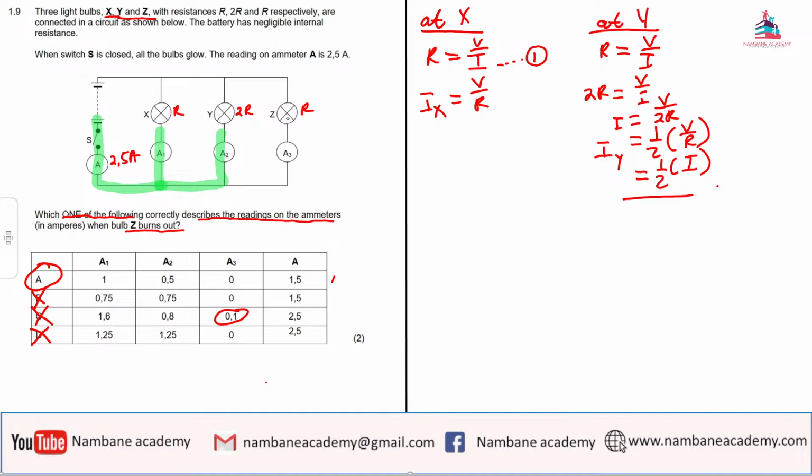So in this instance, what did we do? We killed one resistor, it burnt out. So the mere fact that it burnt out, it basically says we increased the resistance of this particular circuit. So the resistance increased, current decreases. So the correct answer, ladies and gentlemen, is A. I believe it is clear.